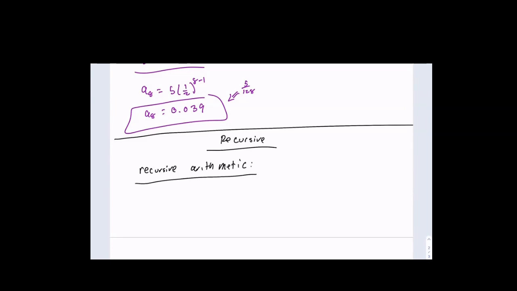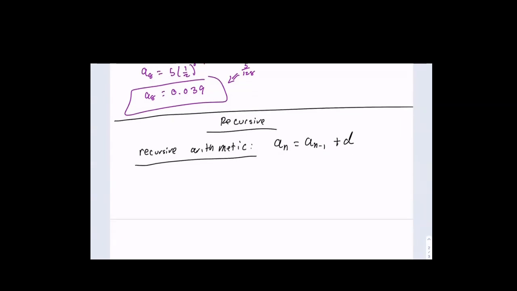And a recursive arithmetic just says that a sub n equals a sub n minus 1, the previous term, plus the common difference.